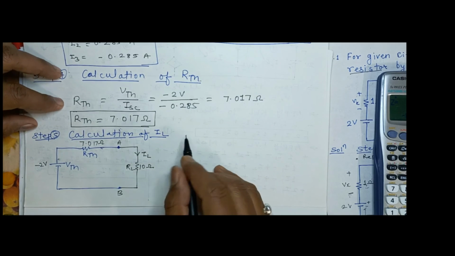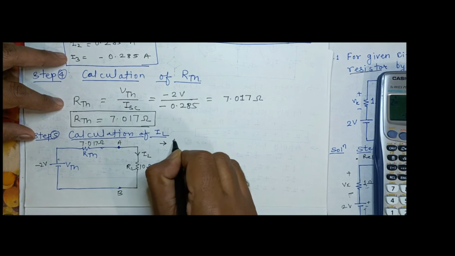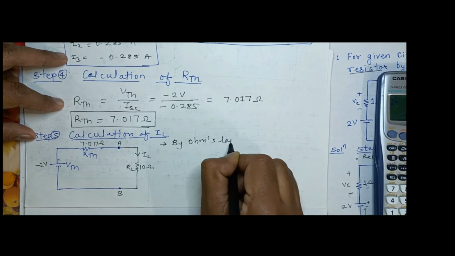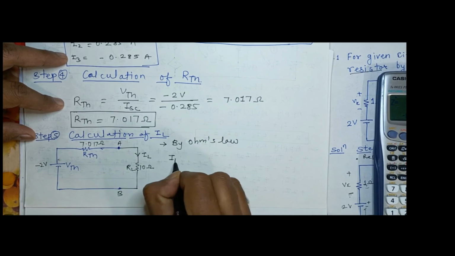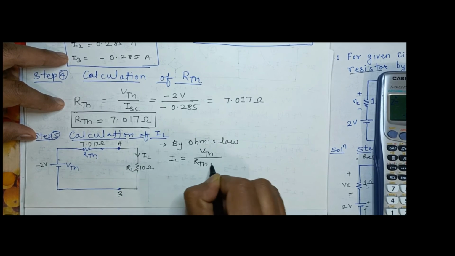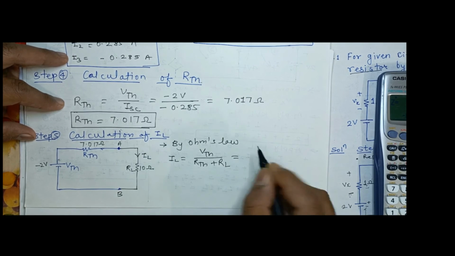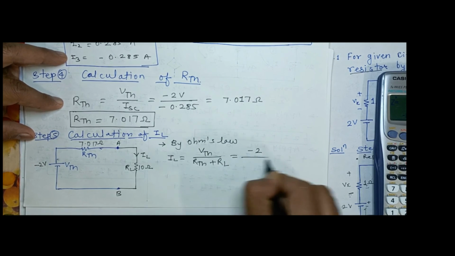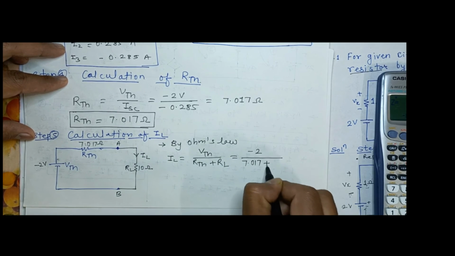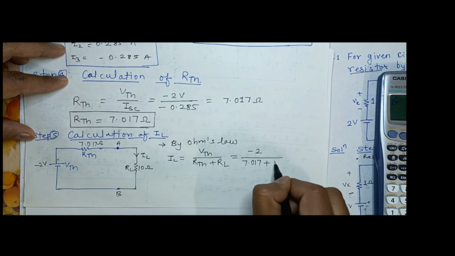So finally by Ohm's law, we can find IL equals VTH upon RTH plus RL. VTH is minus 2, RTH is 7.017, plus RL is 10.